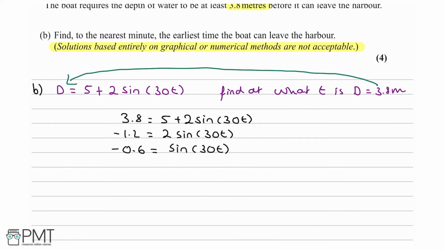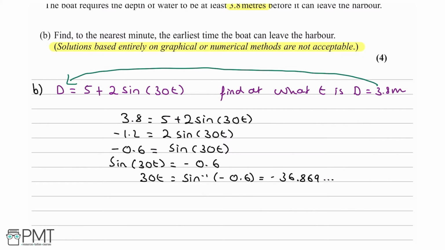I'm going to flip these around, so we have sine 30t on the left-hand side, sine 30t equals minus 0.6, and I'm going to take the inverse sine, so 30t is going to be the inverse sine of minus 0.6, and this equals, if I check on my calculator, minus 36.869, etc. Now, the problem here is we have an expression for 30t, okay?